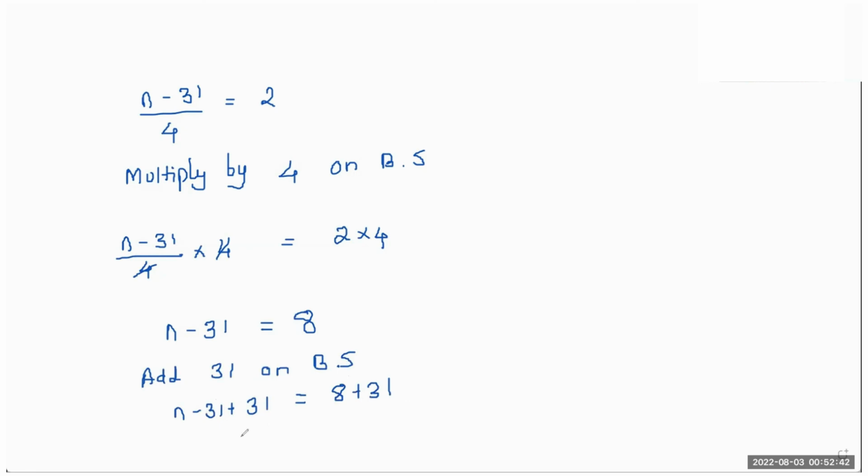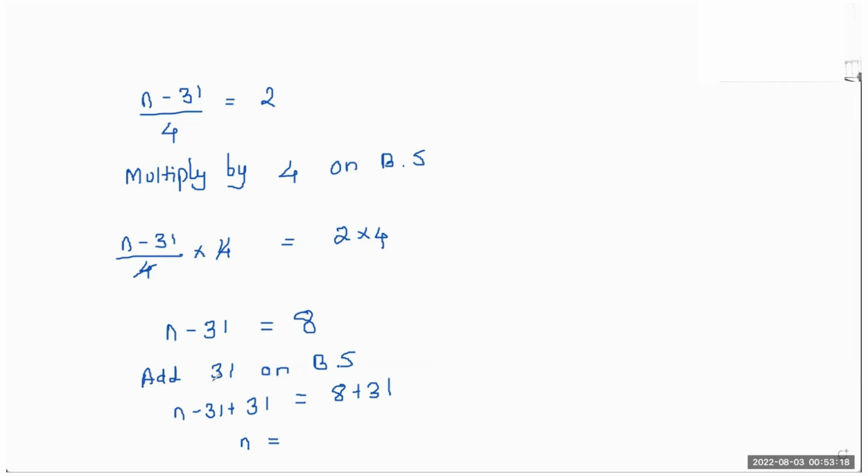So n equals, wait, let me see. I got n minus 62 equals 39. Did you subtract 31? I added 31. So how did you get minus 62?